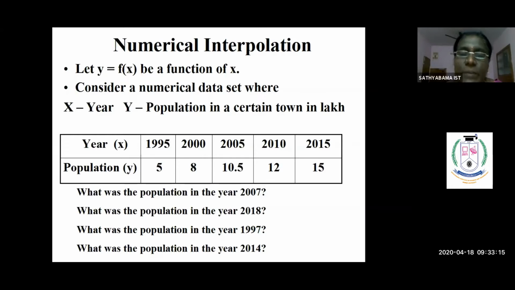So, for example, consider x denotes the year and y denotes the population of a certain town in lakhs. I'm going to consider the values for x to be 1995, 2000, 2005, 2010, 2015, and the population to be 5, 8, 10.5, 12, 15 respectively in each of these years.